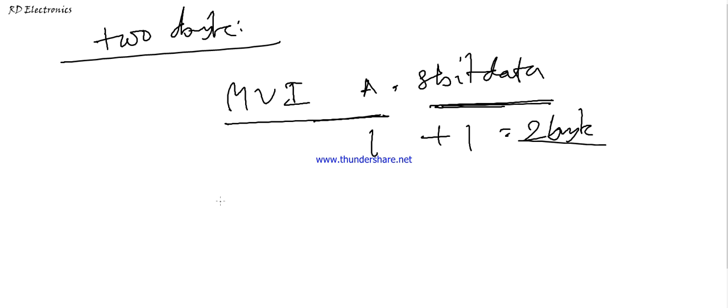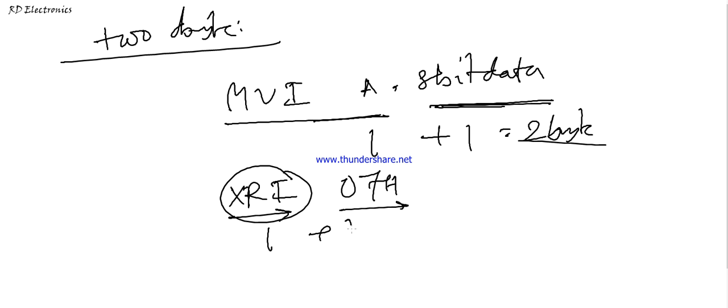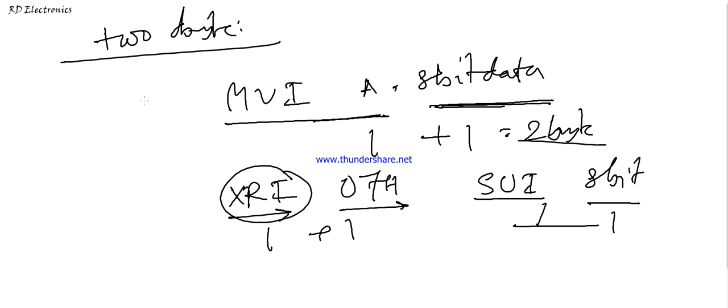Next is XRI, XOR immediate with 07. Here 07 means 8-bit data. XRI means XOR operation with accumulator. This is 1 byte plus 1 byte, a 2 byte instruction. Similarly, SUI 8-bit data means subtraction immediate with accumulator, 1 byte plus 1 byte of 8-bit data.